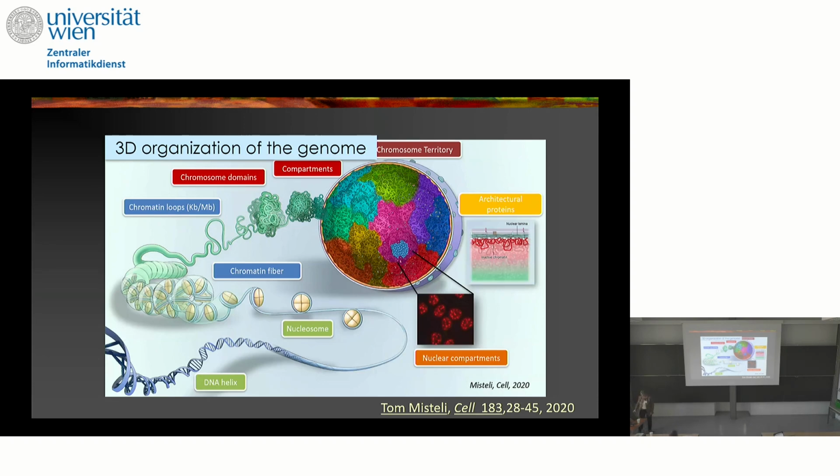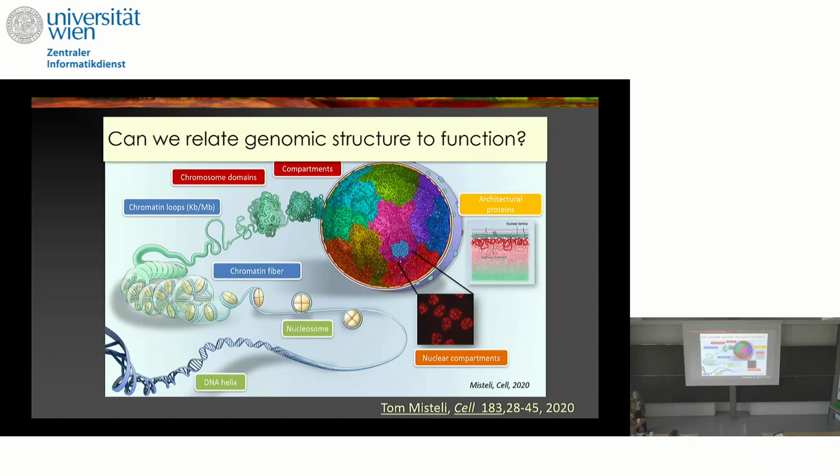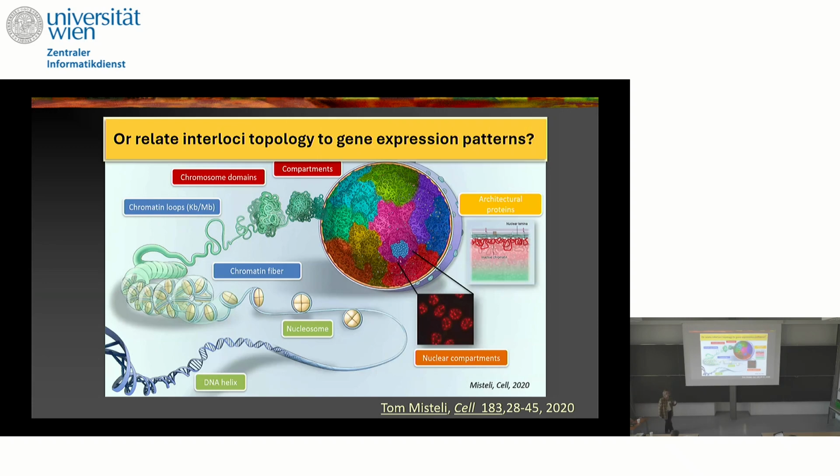The question we ask is, can we relate genomic structure and function? More importantly, all the literature up until recent years has been focusing on this four-letter alphabet to interpret the genomic behavior in general.